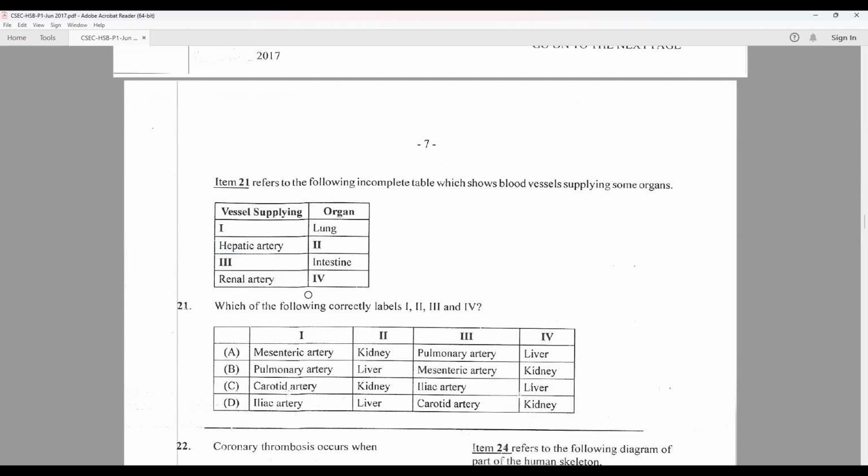The renal artery, you know that is kidneys. So that already lines up B, pulmonary and kidneys, which means you could fill in the hepatic artery, and we know that hepatic artery is liver, and mesenteric artery is the intestines. So if you didn't know that, there were hints in the question to help you arrive at B for your answer.